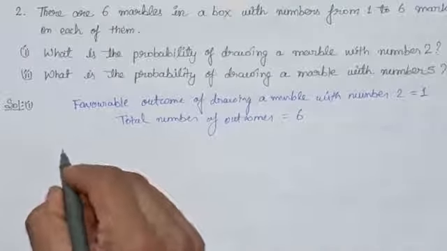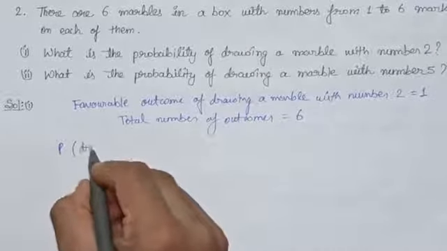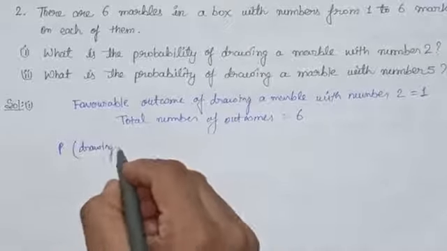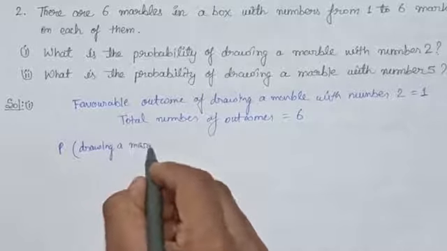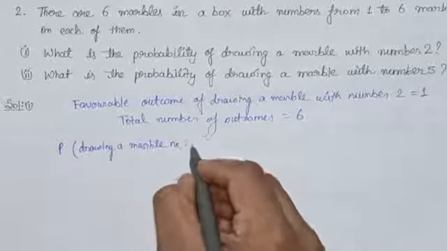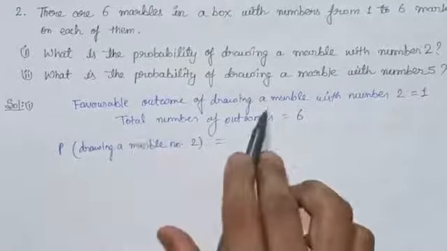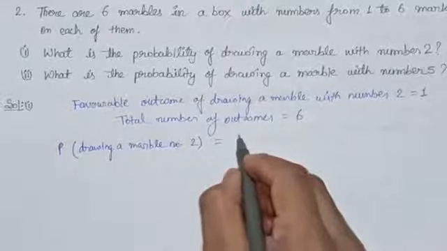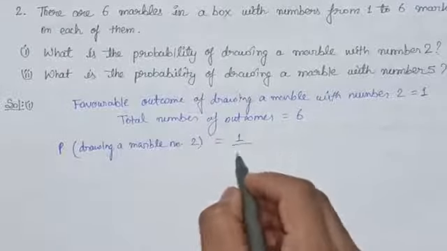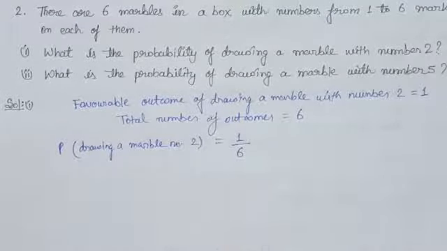Hence, we can define the probability of drawing a marble with number 2 as the favorable outcome of drawing a marble with number 2, that is 1, divided by the total number of outcomes, that is 6. So 1 by 6 is the probability of drawing a marble with number 2.